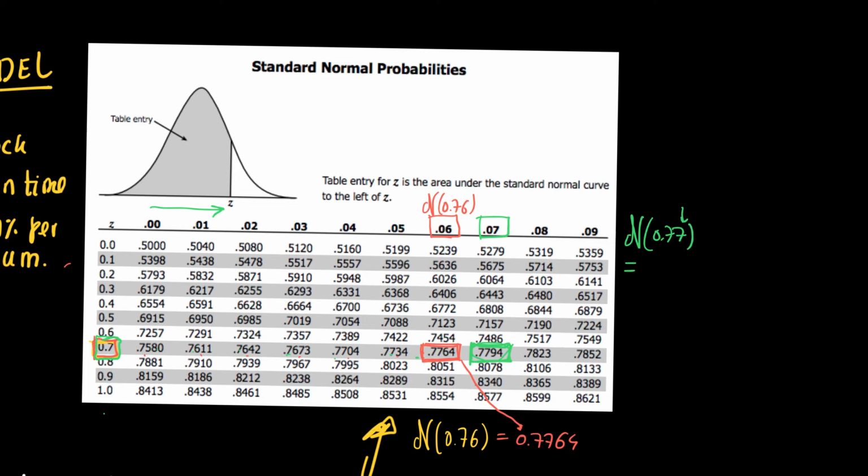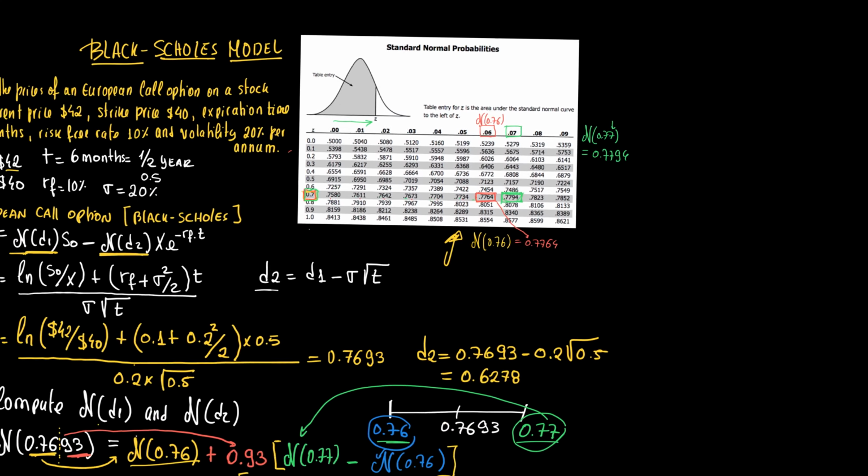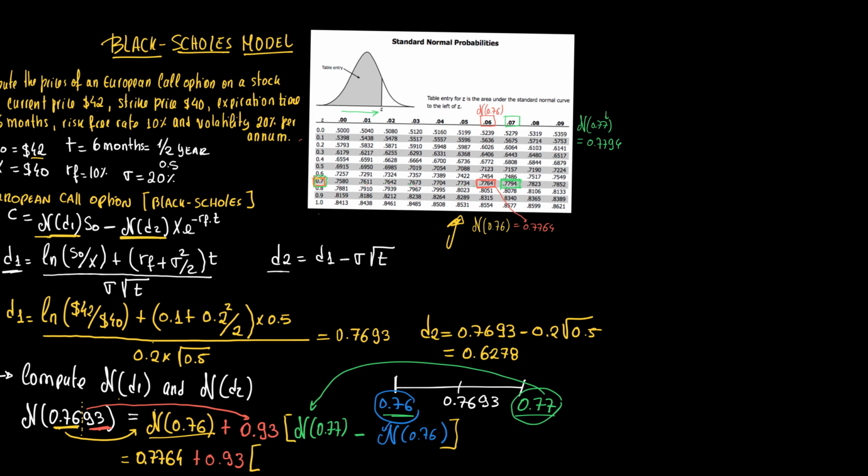So this is going to be equal to 0.7794. So I grab this value and I plug it in my calculation. So it's going to be 0.7794 minus the 0.7764 that we already computed.